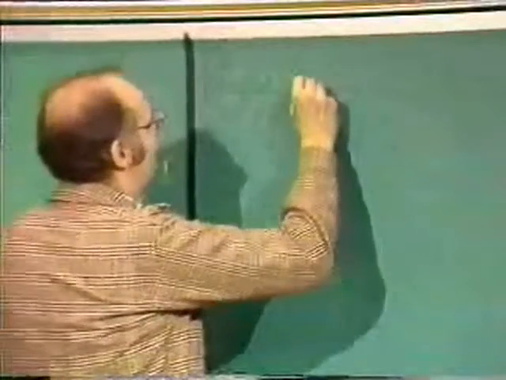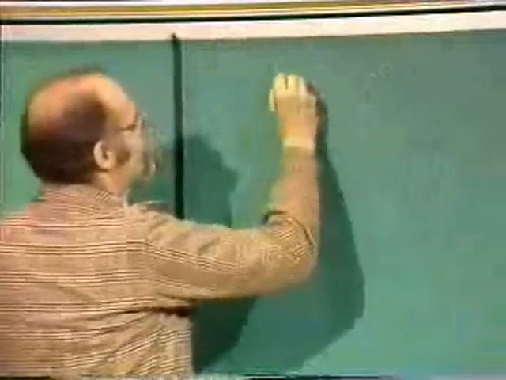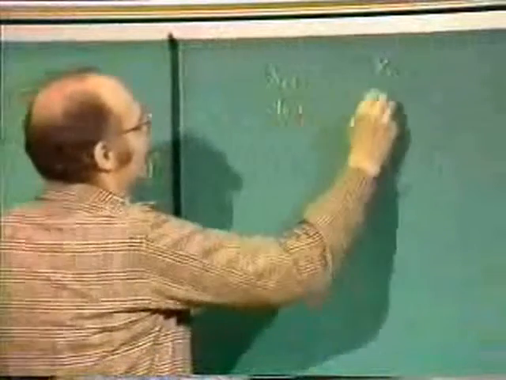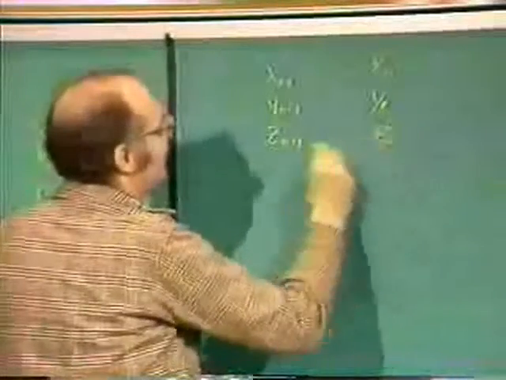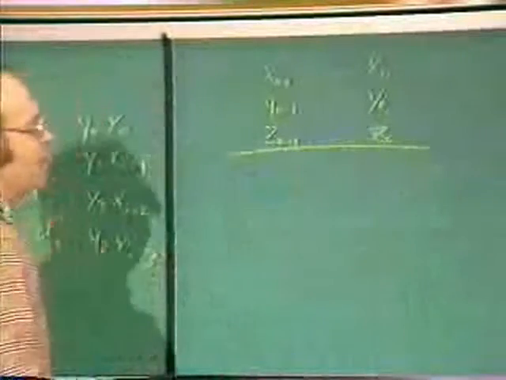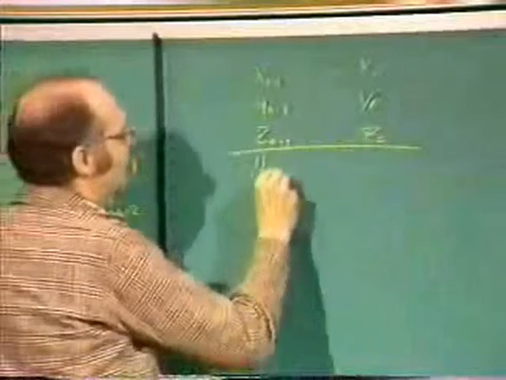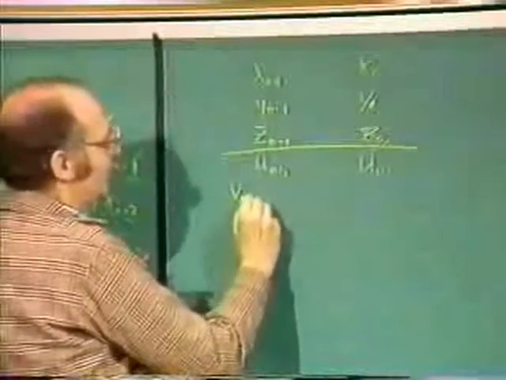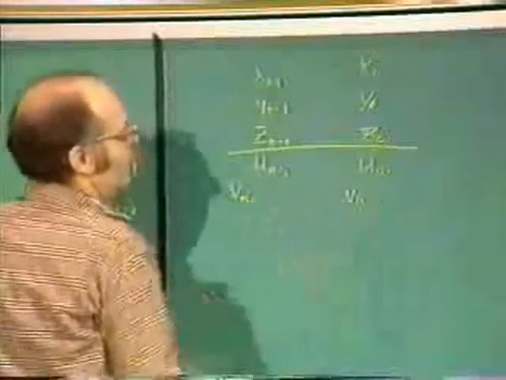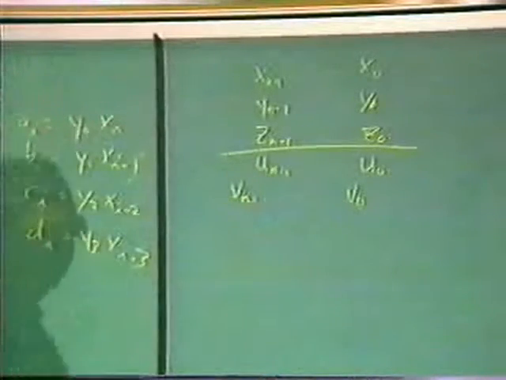So x(n-1) to x0, y(n-1) to y0, z(n-1) to z0, and the sum of those three numbers to be u(n-1) to u0 plus 2 times v(n-1) to v0.